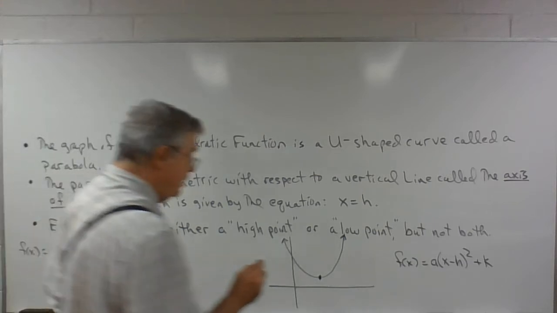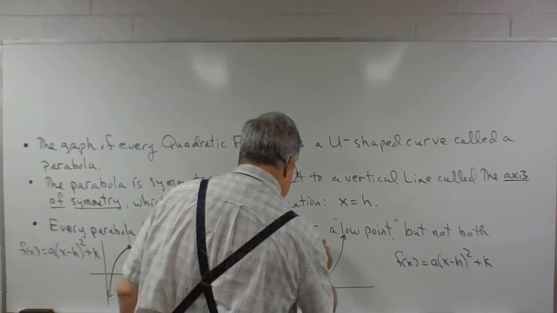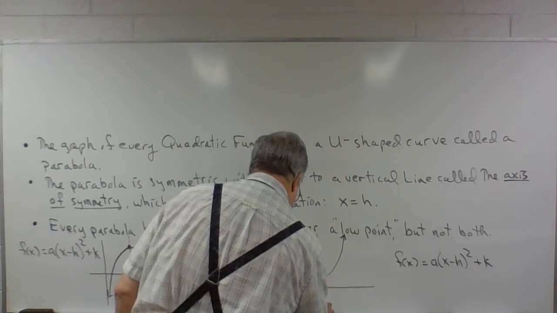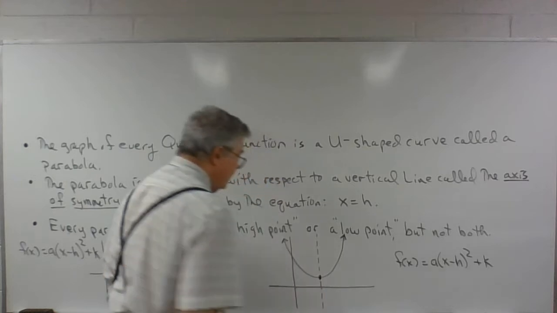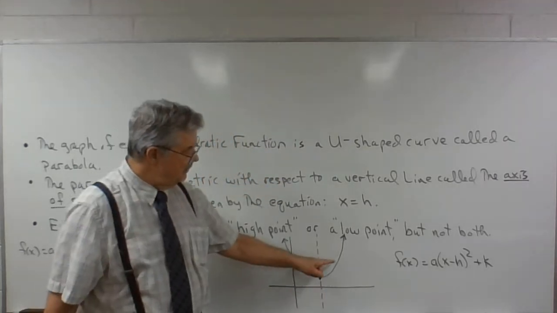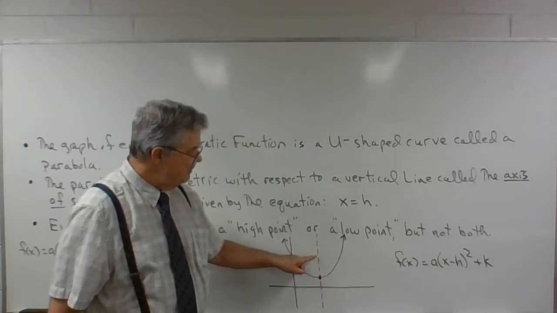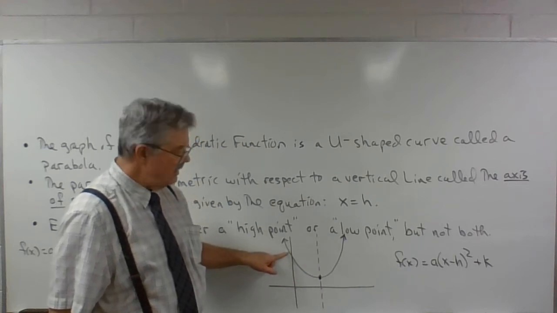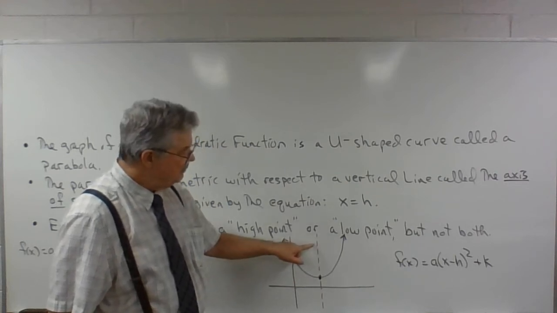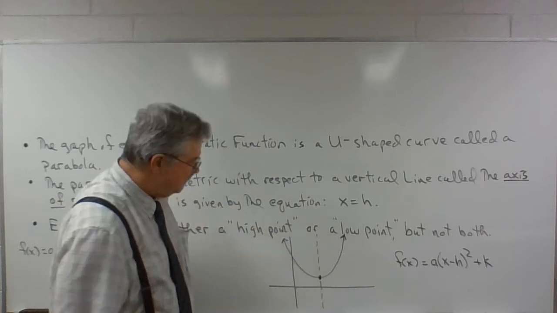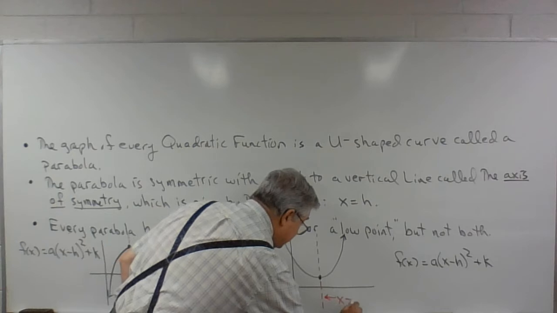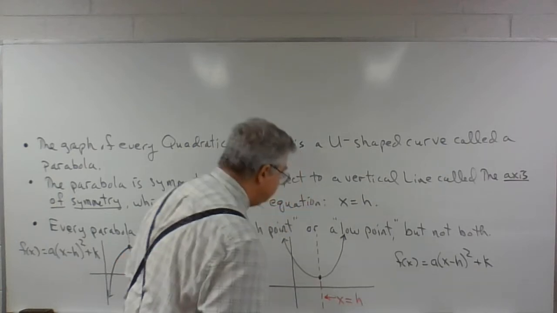And over here, it looks like I can do the same thing. The portion of the graph that lies to the right of this red line is the mirror image of the portion of the graph that lies to the left. So this red line is our axis of symmetry. x equals h.